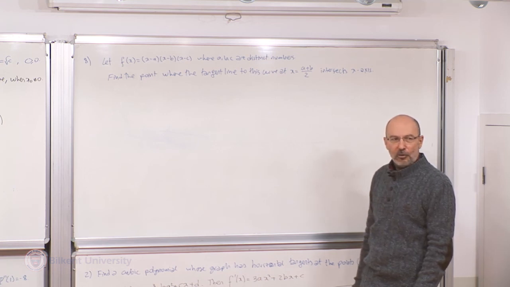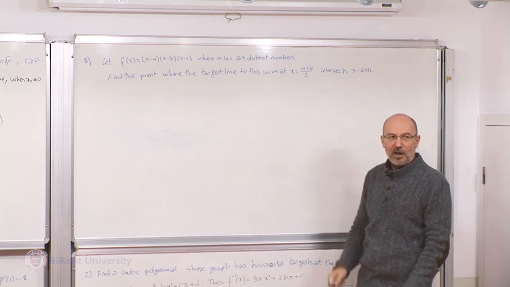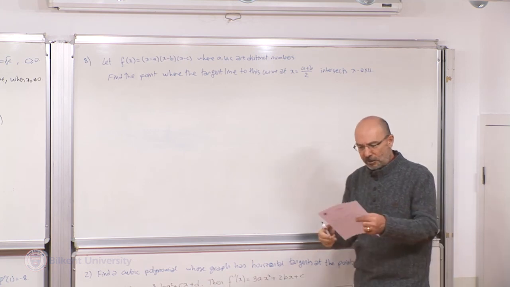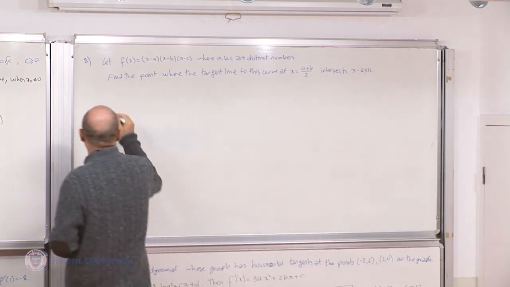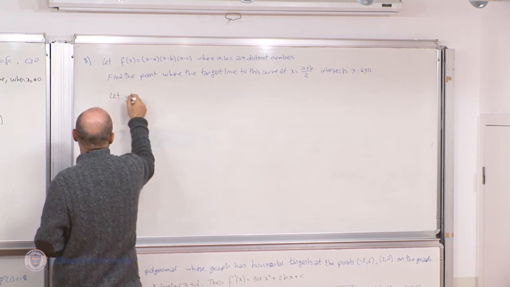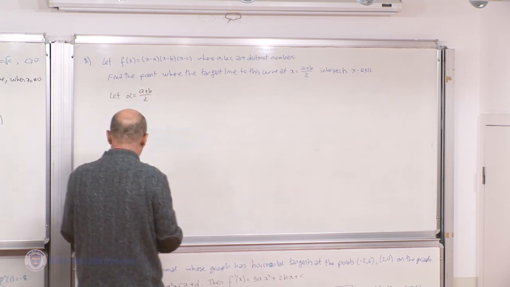You will have huge equations here because, since we don't know what a, b, c are, nothing cancels. But at the end, everything will cancel. For ease of notation, let alpha denote (a plus b) over 2.